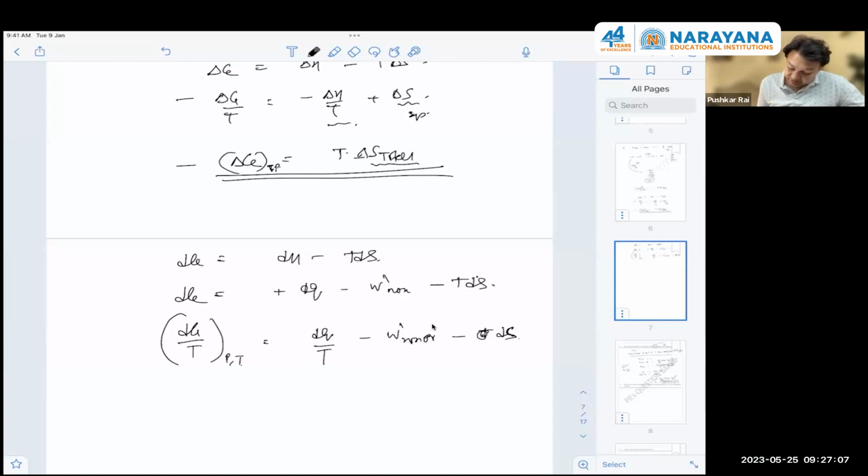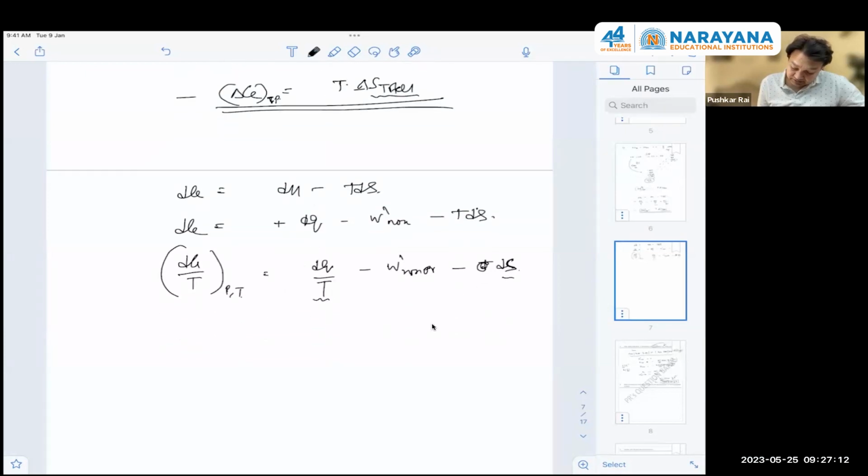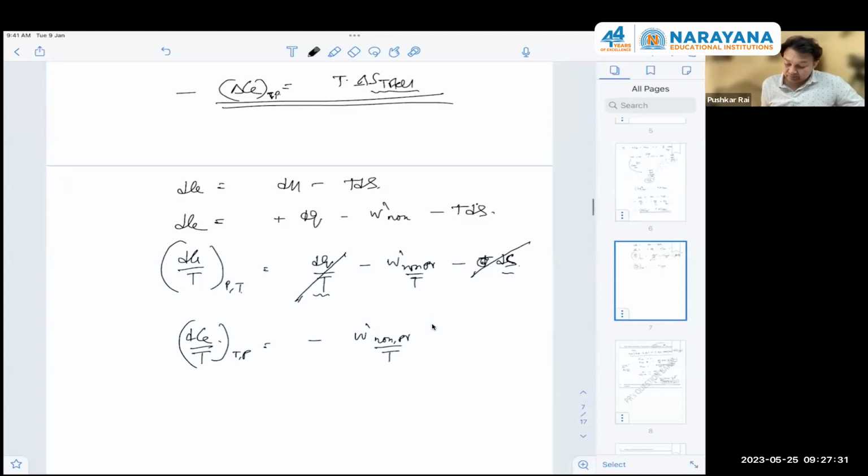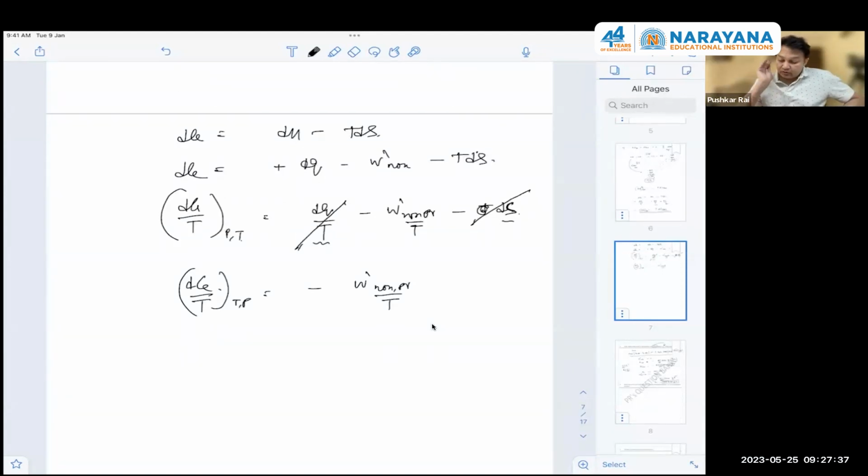And if we carry out this process reversibly, then dG by T at constant temperature and pressure is equal to this term is going to cancel, and of course that is divided by T, minus W dash non-PV divided by T. So we could relate it to the entropy.